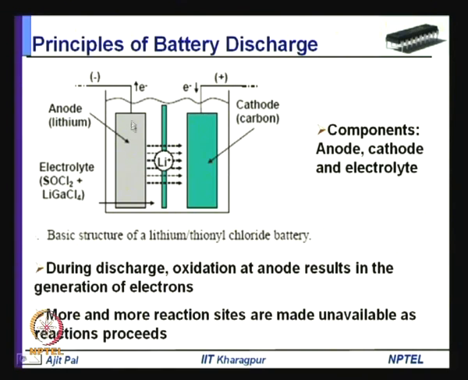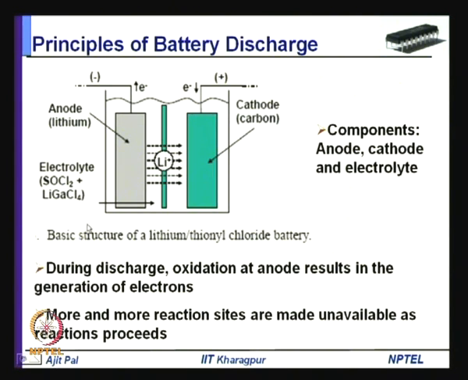Here, as you can see, you have the lithium anode and carbon cathode, and you have an electrolyte in between, and then lithium ions go from anode to cathode whenever you discharge it. And so, the basic components are anode, cathode and the electrolyte, a suitable type of electrolyte that you have to use.